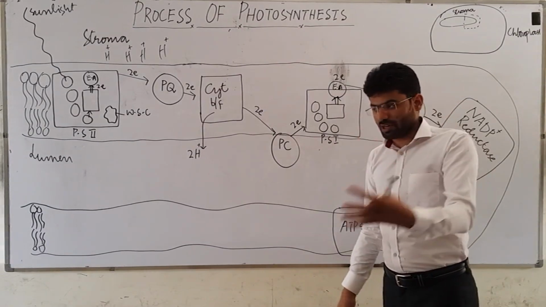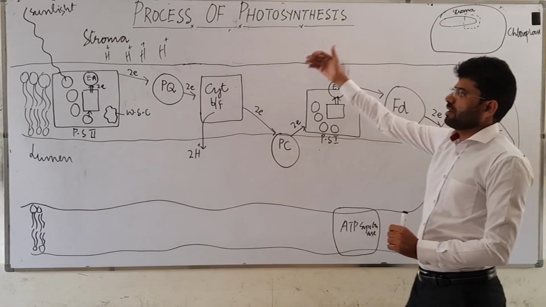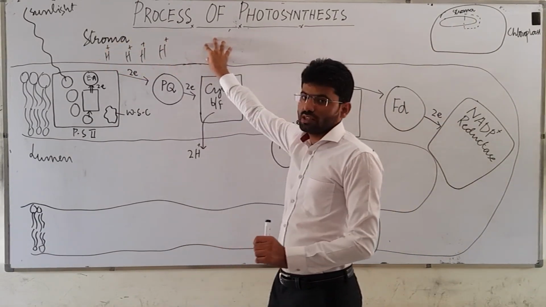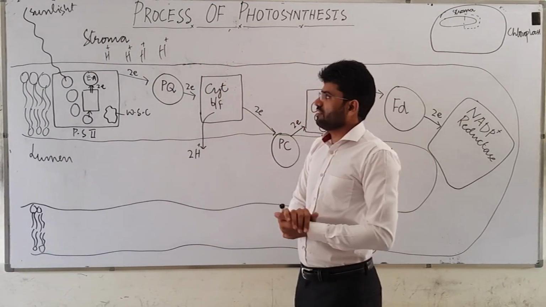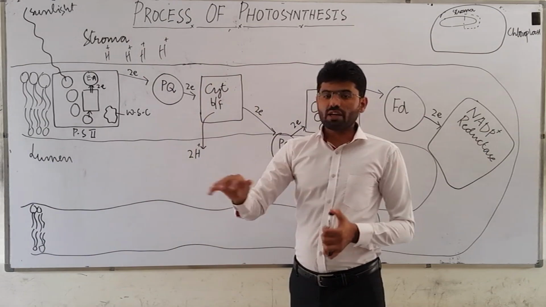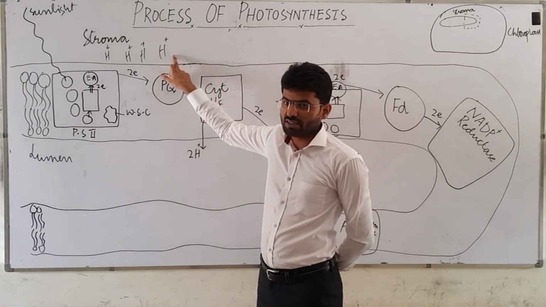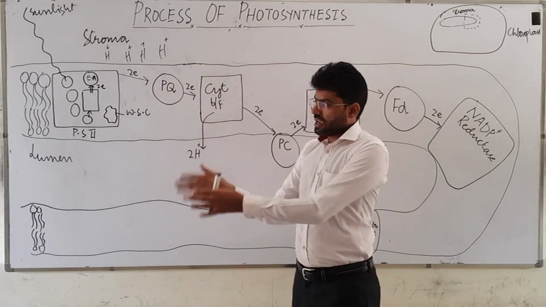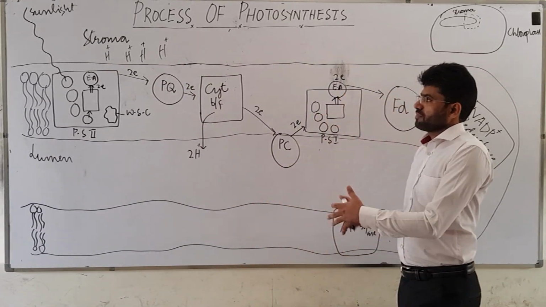as I told you in chapter number 4, the stroma is the name for the region with H plus ions. Although in this empty region there are some other molecules as well, enzymes as well, the most important thing in the stroma is the concentration of H plus ions, and for that reason it also makes this chloroplast acidic as well.